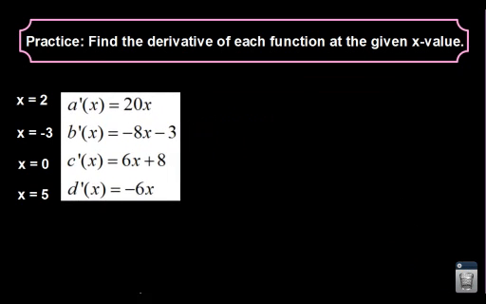So basically, I want to find the slope of a prime of x when x equals 2. So all I'm going to do is say a prime of, what are we putting in for x? We're putting in 2, so I substitute 2 everywhere I see x. If you remember with function notation, this just helps us organize a little better. That equals 20 times 2, because that's what I substitute for x.